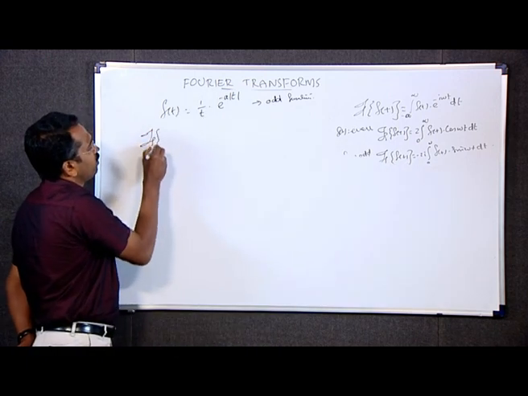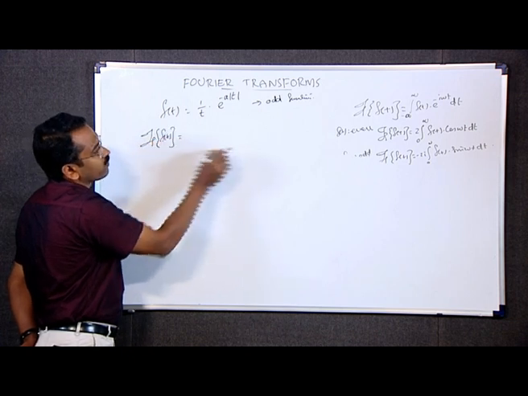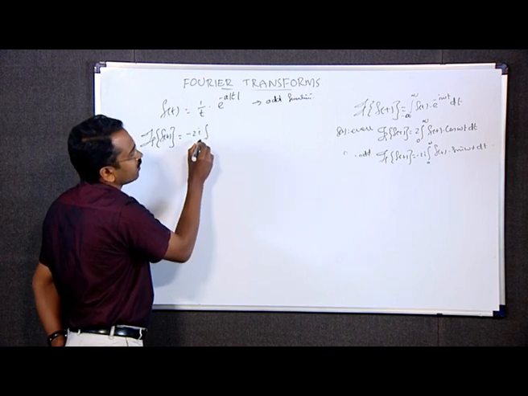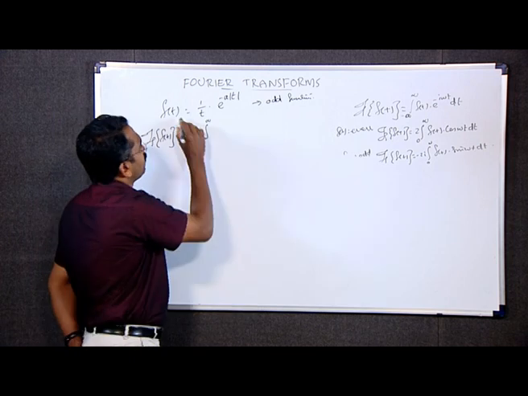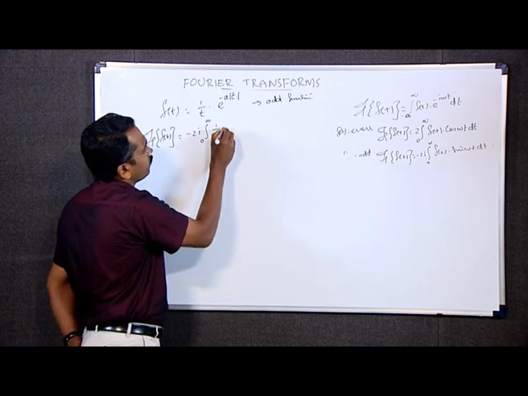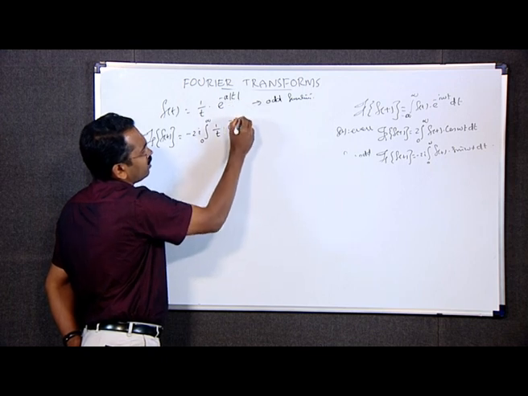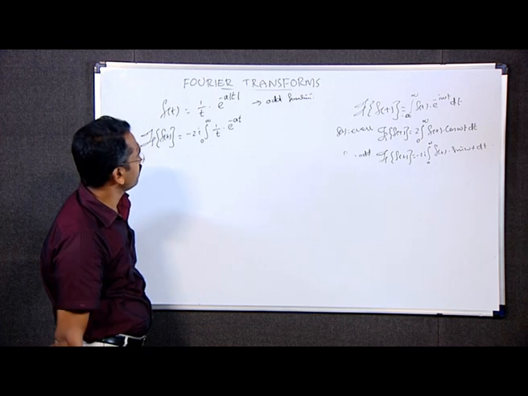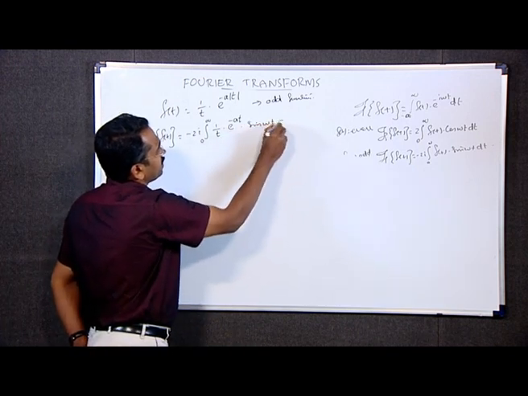Here the Fourier transform of f of t is equal to minus 2i into integral from 0 to infinity f of t, which is 1 by t into e raised to minus a t in this range 0 to infinity, into sin omega t dt.